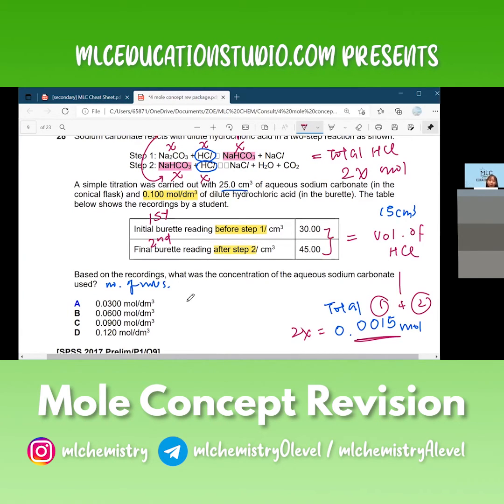Divided by 2, you get X equals 0.00075. How many zeros? 3 zeros. If you find number of moles already, then you can find concentration. Divide by the 25 cm³, and you will get the answer.